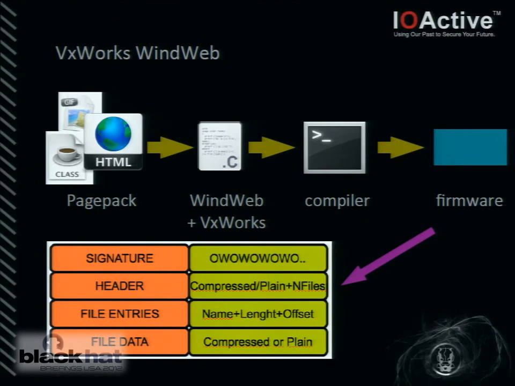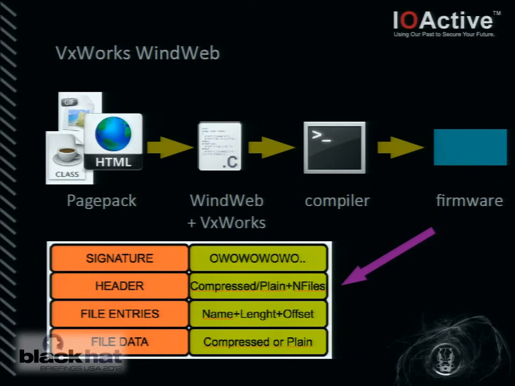So maybe it's a better idea to find the well-structured byte patterns. Then after this signature, we can find the header, which contains a couple of fields. The first one apparently is some kind of version, and the second one is the number of files, the number of entries that the file system contains. Right after the header, we can find the first entry.